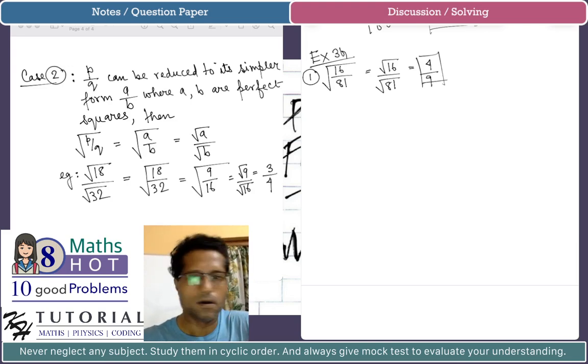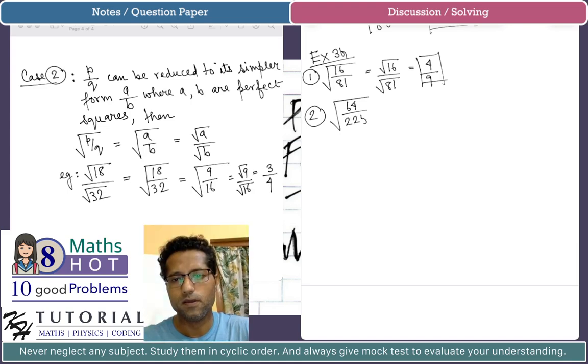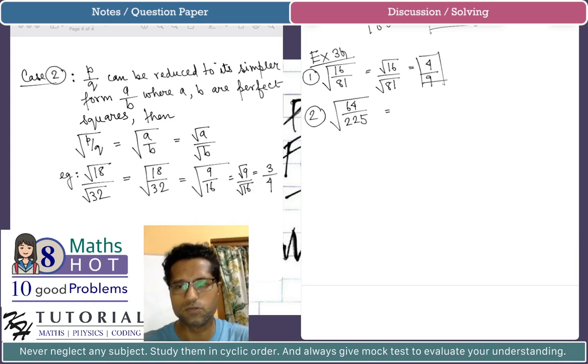Okay, let's do problem number 2, which is the square root of 64 divided by 225. Now we also know that 64 is a perfect square and 225 is also a perfect square.